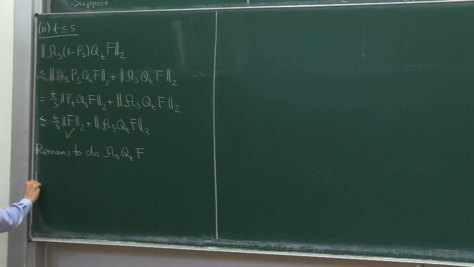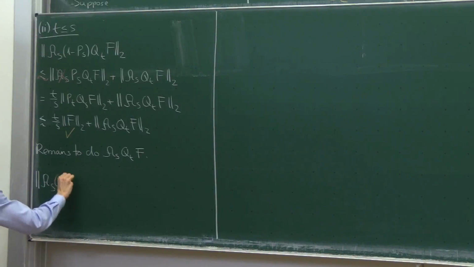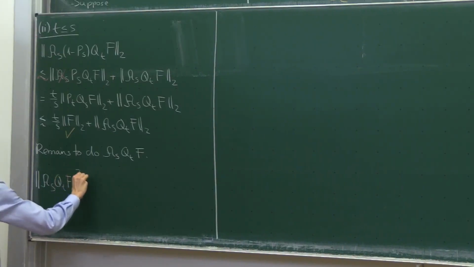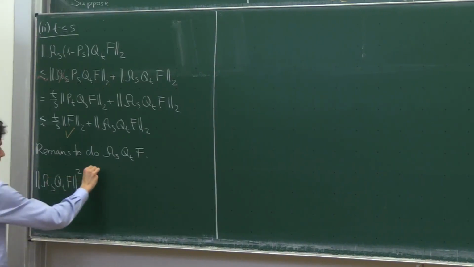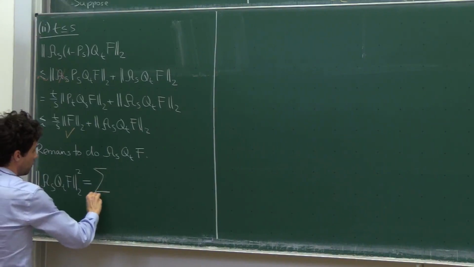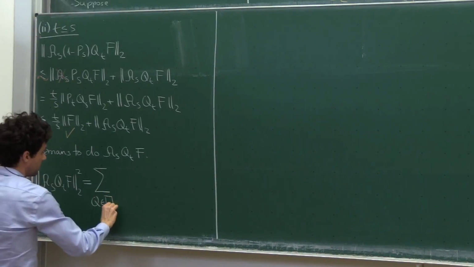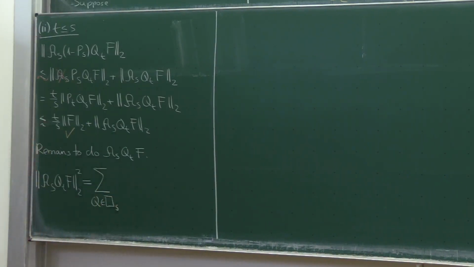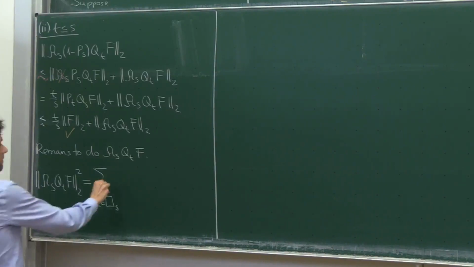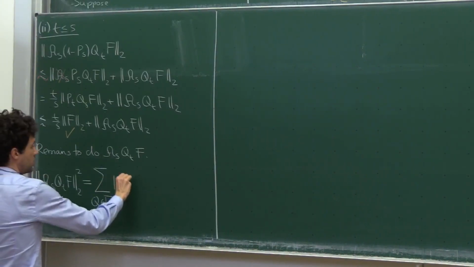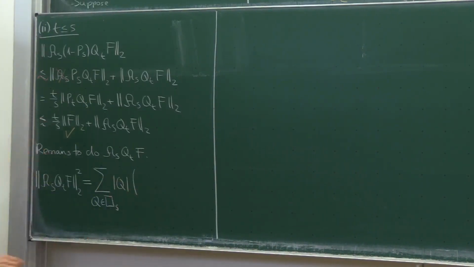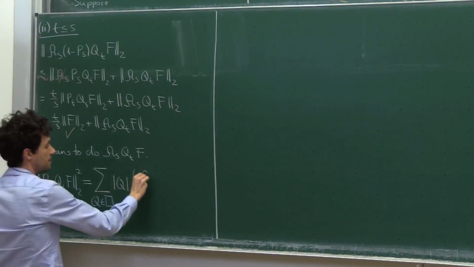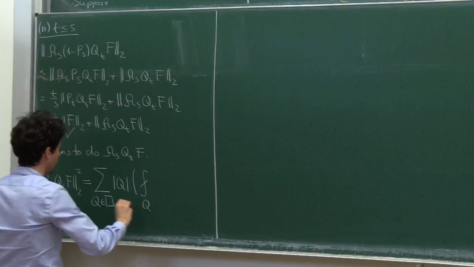So if I do that, the norm of Q_t f squared is going to be a sum over all cubes in the partition, and on every cube I'm going to have the measure of the cube times the value that the function takes, and the value that the function takes is the average on that very cube.